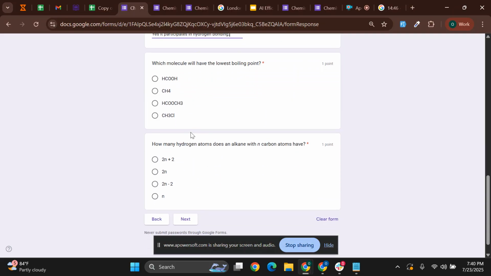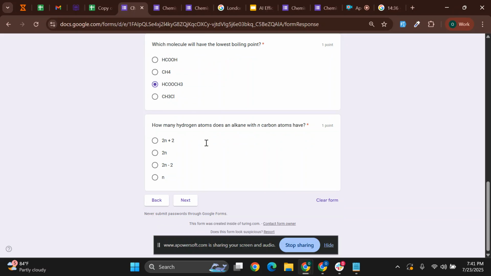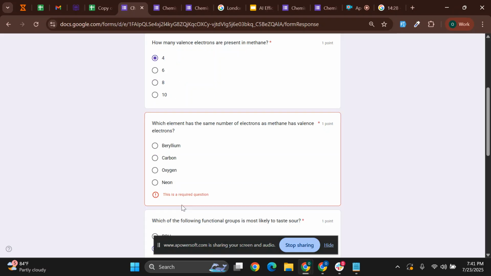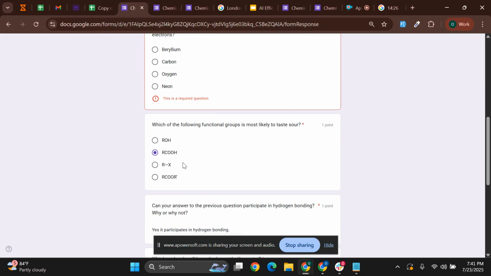Which molecule will have the lowest boiling point? Lowest boiling point, I guess. How many hydrogen atoms? Oh, this will be 2n. Okay, sorry, I missed that.